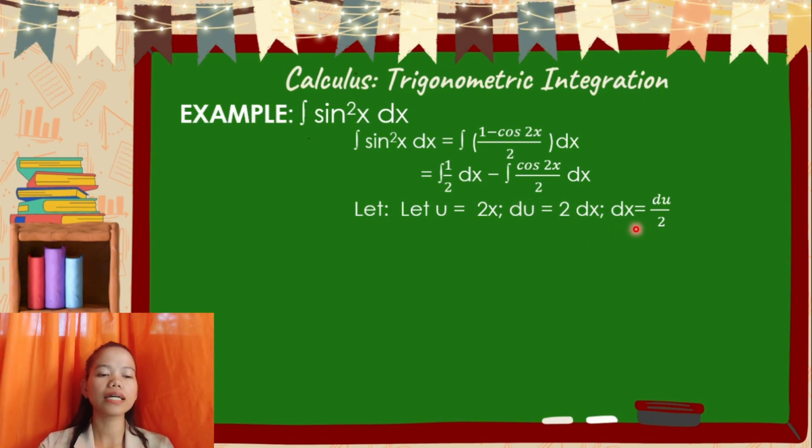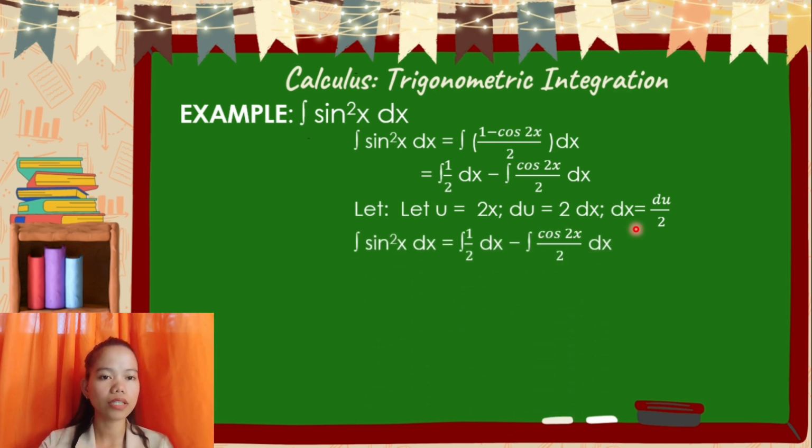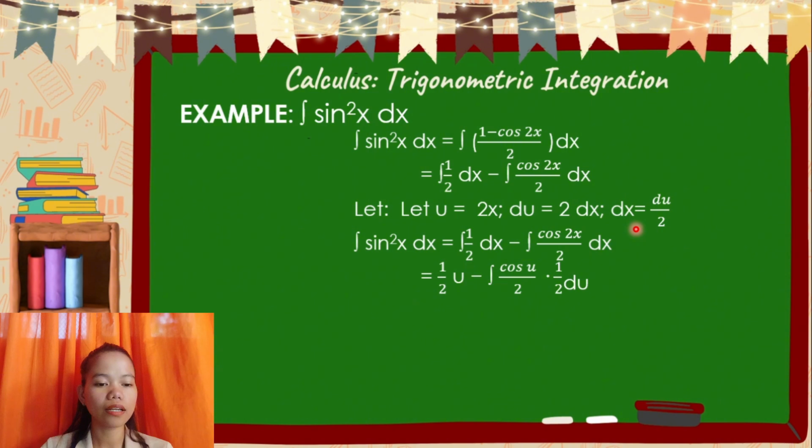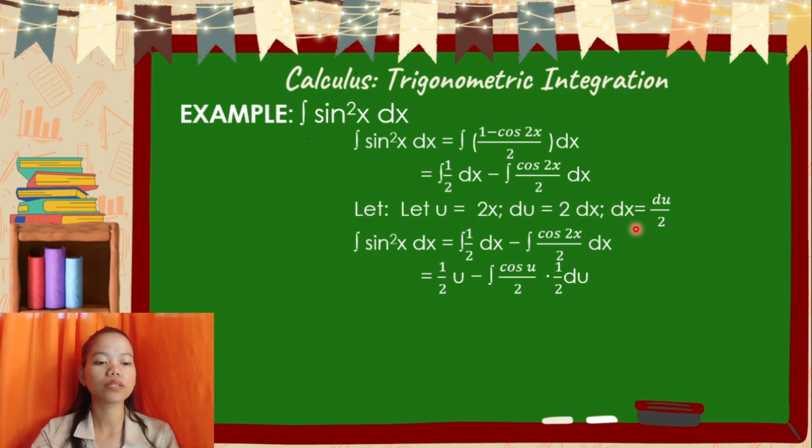After that, we apply now the u substitution. So we have now the integral of 1/2 dx, which gives 1/2 x, minus the integral of cosine u all over 2 multiplied by 1/2 du, in which the 1/2 du is dx.